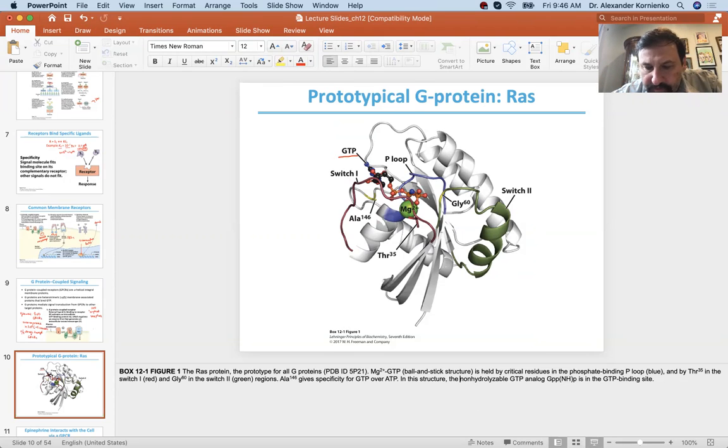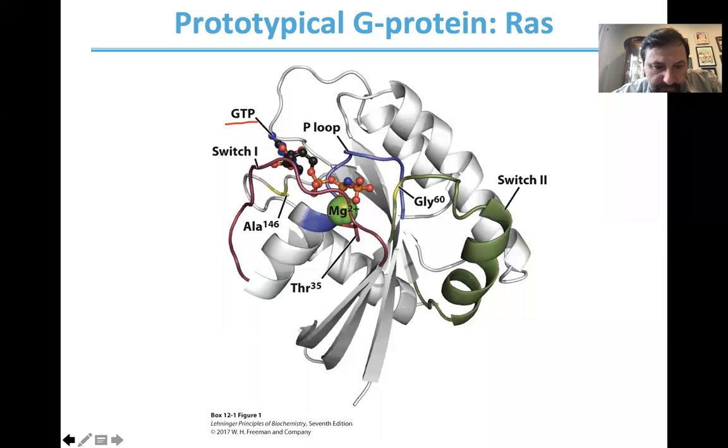So let's draw this. It's a G, diphosphate, NH, phosphate. So what do you think that is?